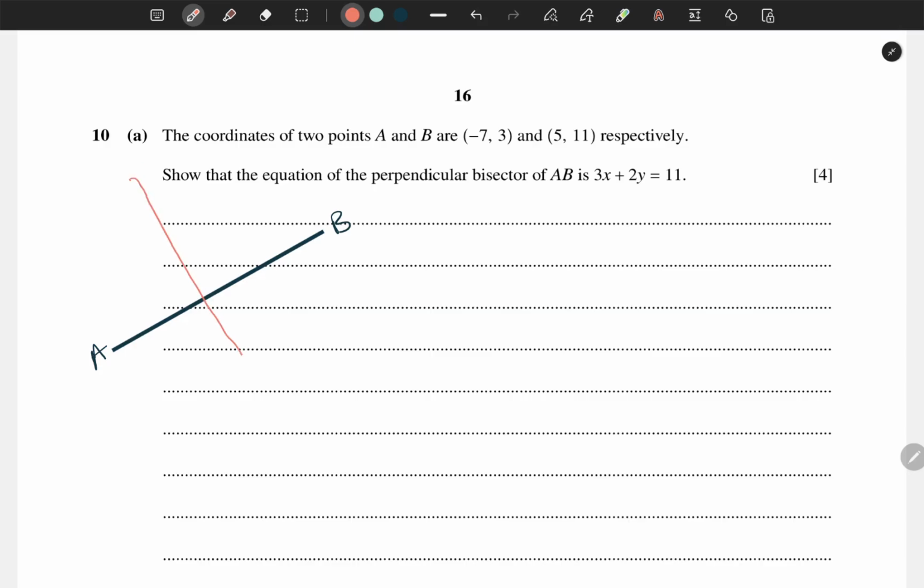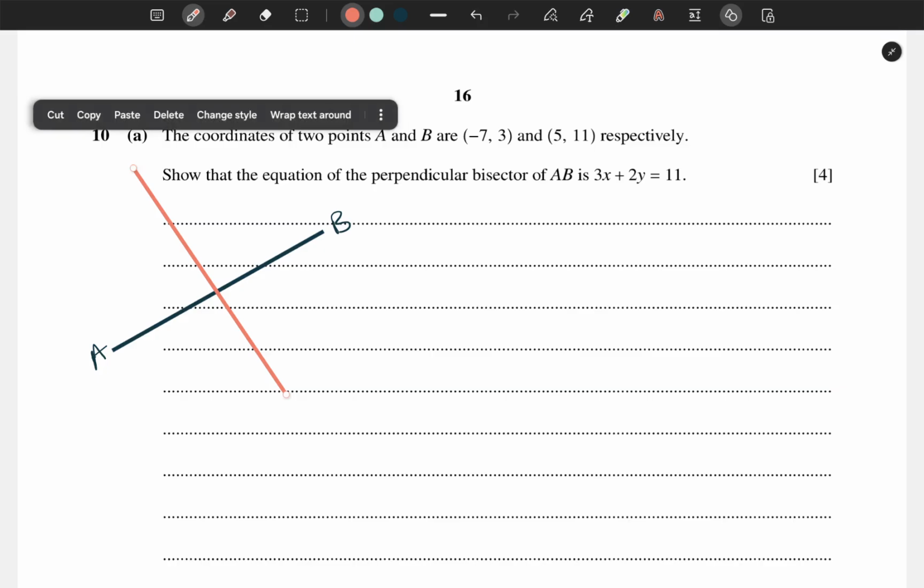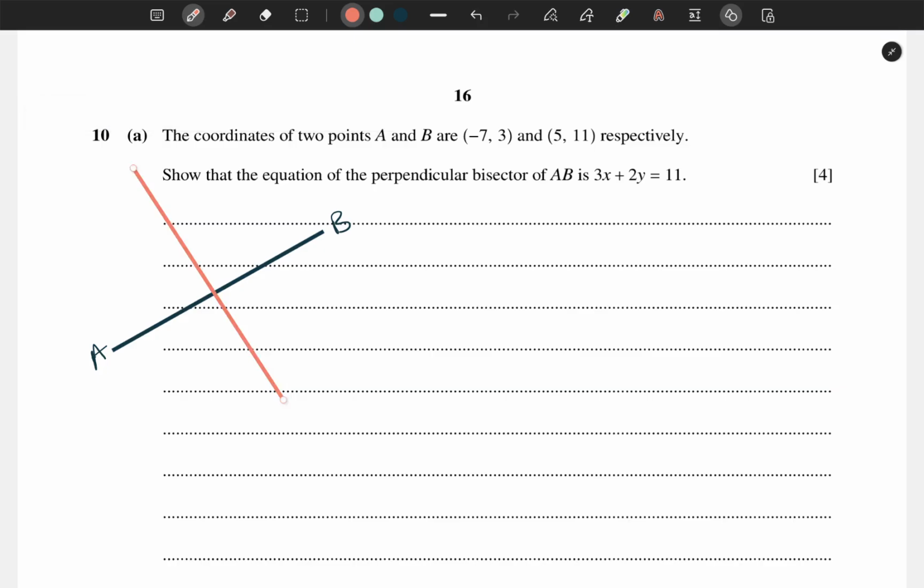A bisector divides the line into 2 equal halves, so that is what a bisector does. Okay, so let's assume this line is a bisector, and of course that must be perpendicular to this from what you are given, and this place must be the midpoint of AB.